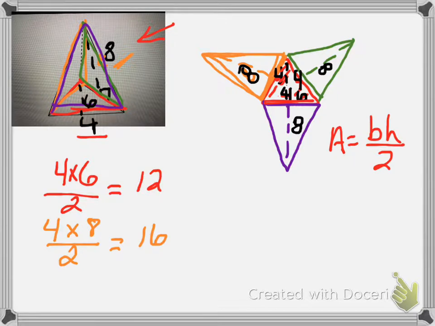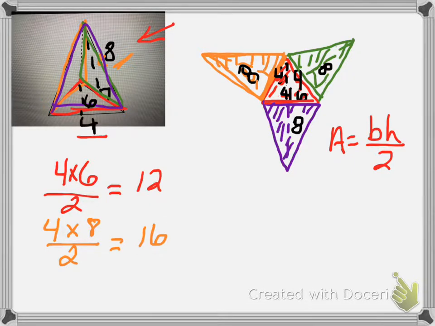Now, what I want you to see, and you can go ahead and do this all separately, that's totally fine, is that the base and the height of the purple triangle and the green triangle and the orange triangle are all exactly the same.